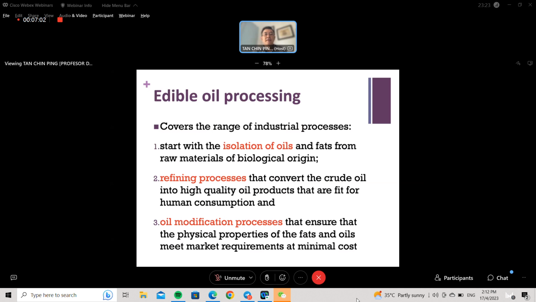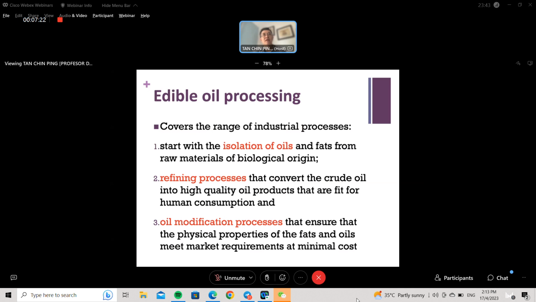On the 8th of May we will cover refining processes, and we will use palm oil refining as a method or as a subject for us to look into these processes.